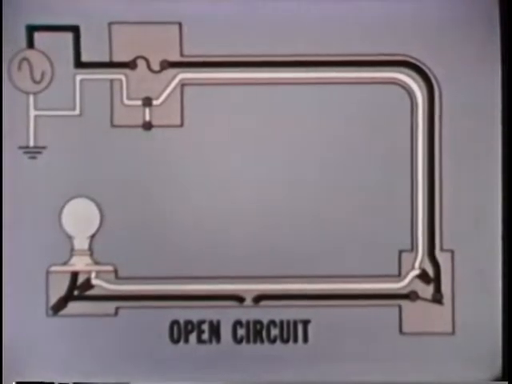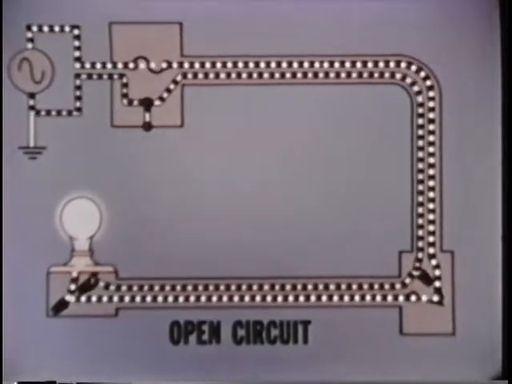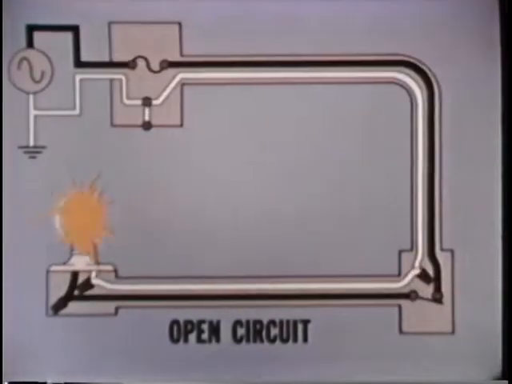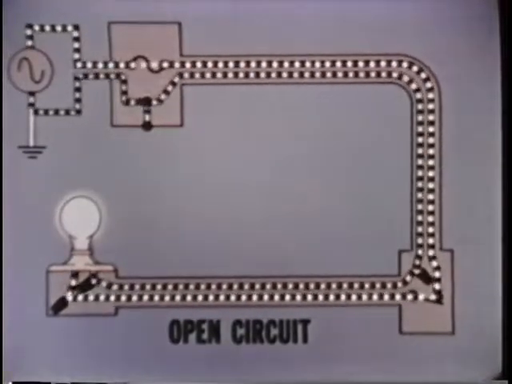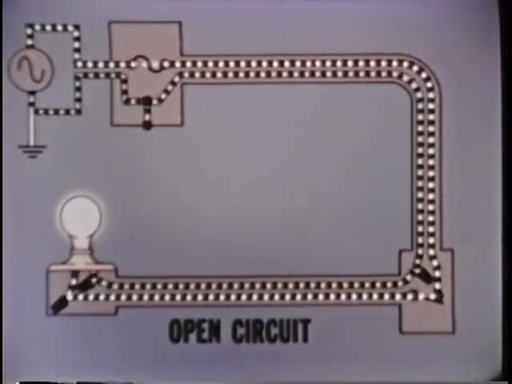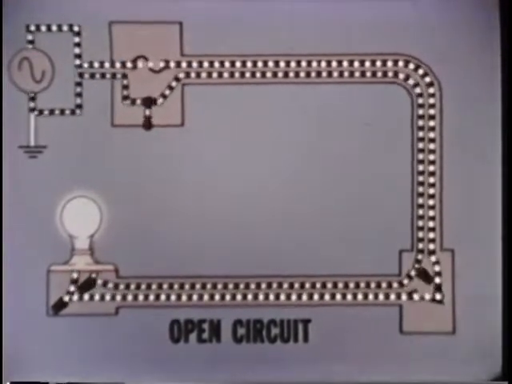If the hot conductor was broken instead, the effect on the circuit would be the same. If any part of this circuit fails, it breaks the continuity and stops the flow of current. Replacing the defective circuit component or repairing the broken wire restores the circuit to normal operation. The fuse or circuit breaker normally does not react to an open circuit.